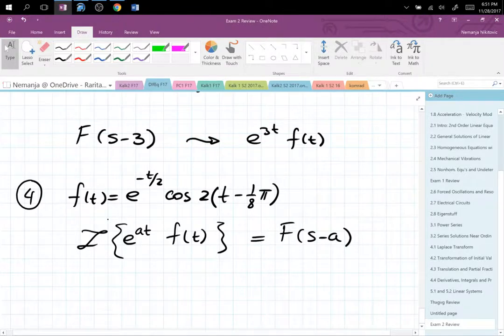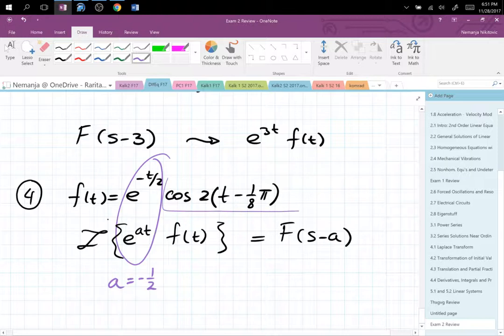Now, when I compare these two terms, I find that a is equal to negative 1/2, which means that whatever the Laplace transform is for cosine 2t is going to be given as F of s plus 1/2. So every s that I am to write, I have to write it as s plus 1/2.